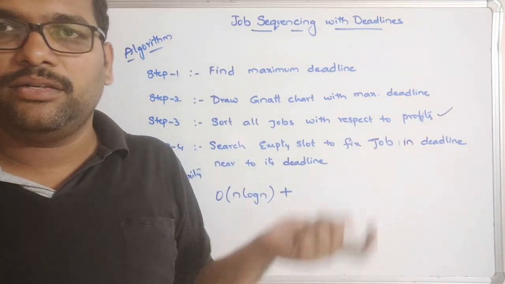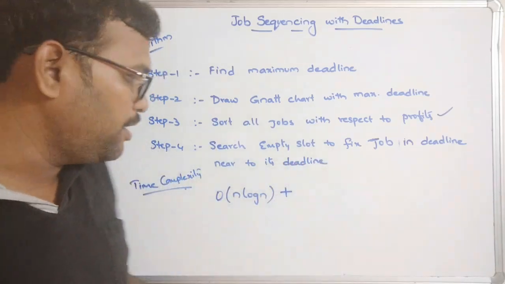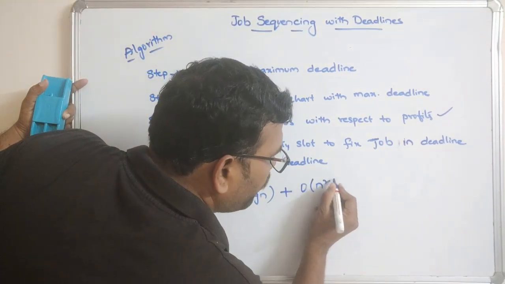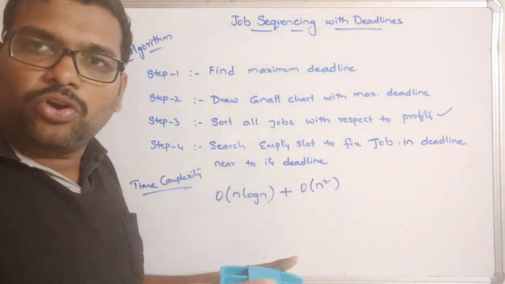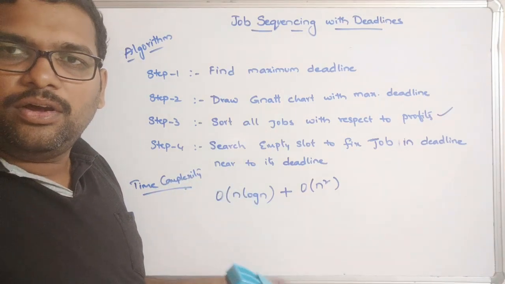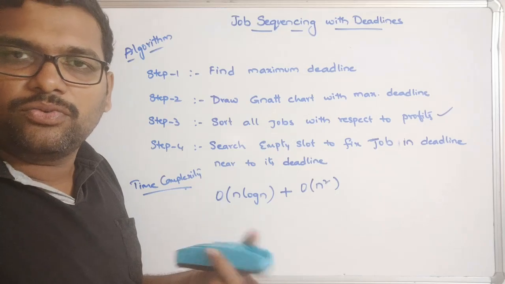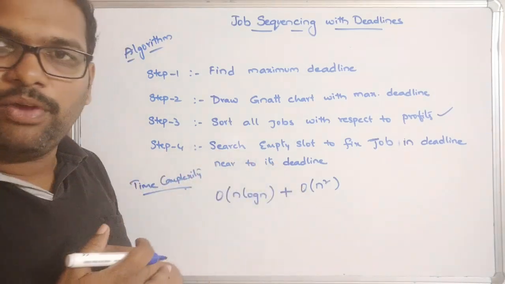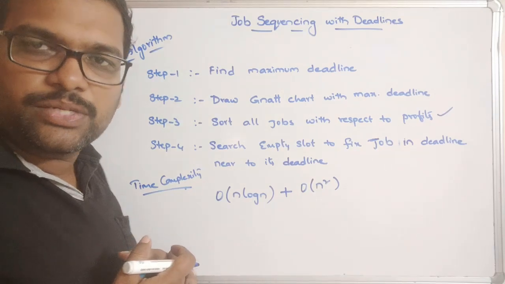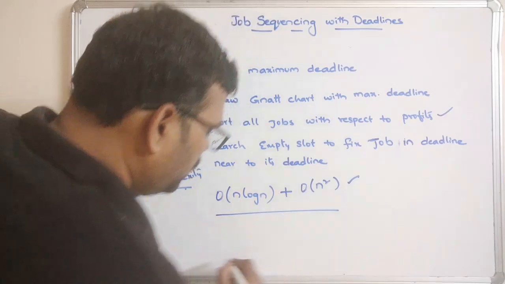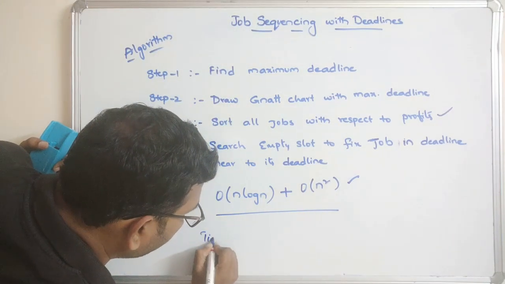If there are n jobs, we have to search over n slots. So obviously it will be order of n square. So n jobs, n slots. Whether m jobs and n slots, or n jobs and n slots, no problem. It will be order of n square. So what is the highest degree? This one.